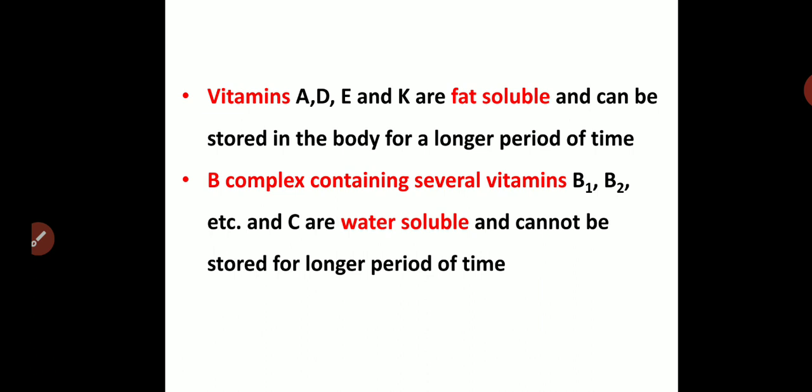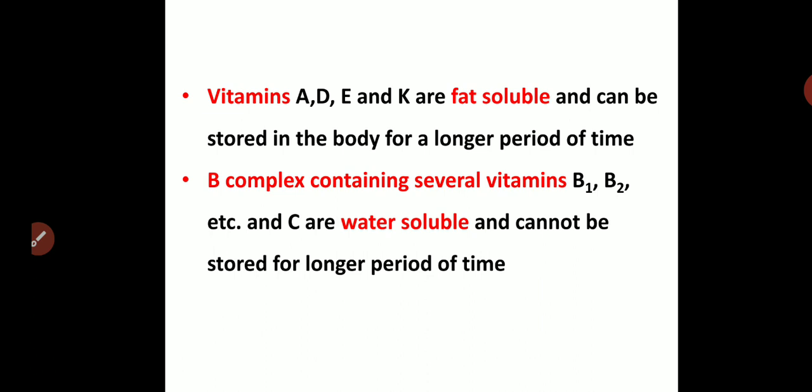Water soluble vitamins are, for example, B complex and C vitamins, that is all the vitamins pertaining to the B group, vitamin B1, B2 and so on, and the vitamin C. These are soluble in water and they can be easily absorbed from the water in the blood. But most important is they cannot be stored in our body for a longer period of time. Hence they have to be taken in through the food from time to time.